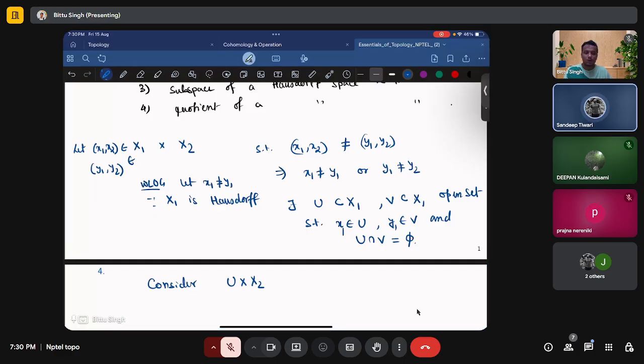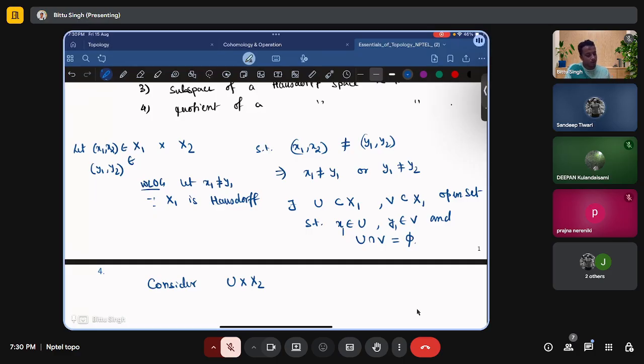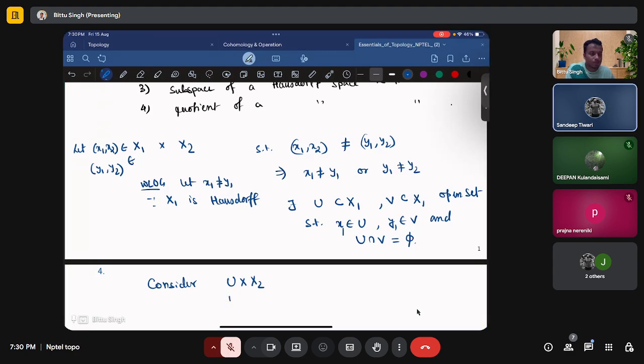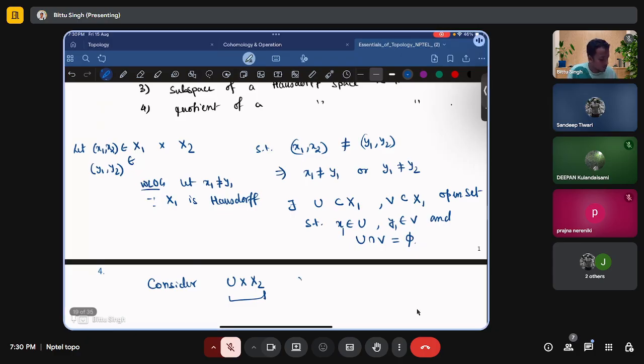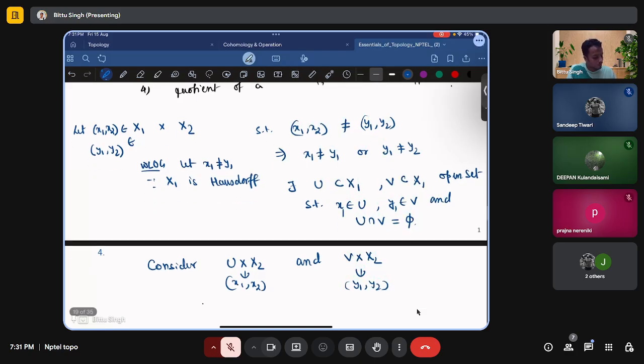Now we can consider the products u cross X2 and v cross X2. Note that (x1, x2) belongs to u cross X2, because x1 belongs to u, and similarly (y1, y2) belongs to v cross X2, and moreover the intersection is empty.